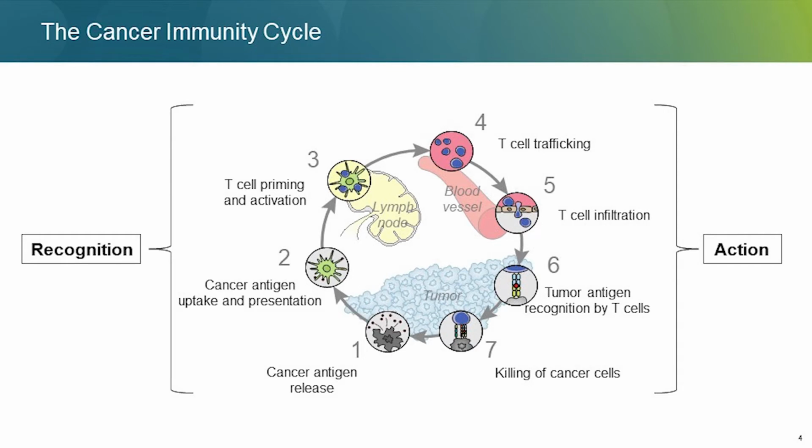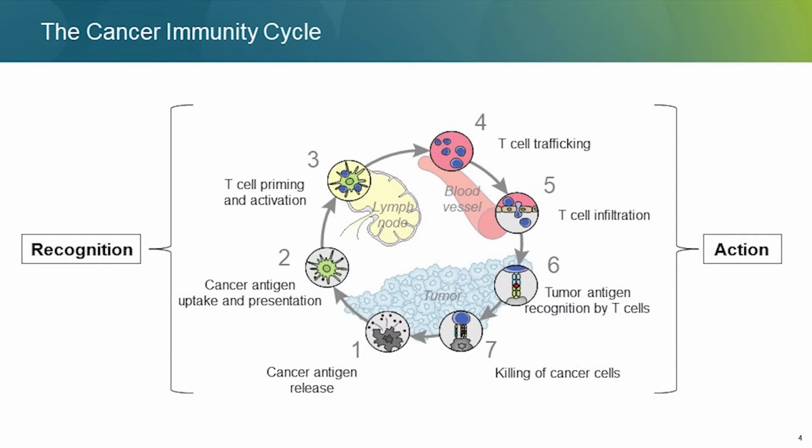For an effective immune response to be generated, there are multiple steps that need to occur. First, the T cells need to be primed. The dendritic cells, which are antigen presenting cells, have to take up cancer antigens and get activated, and then migrate to the lymph node where they can prime and activate naive T cells by presenting cancer antigens to these T cells.